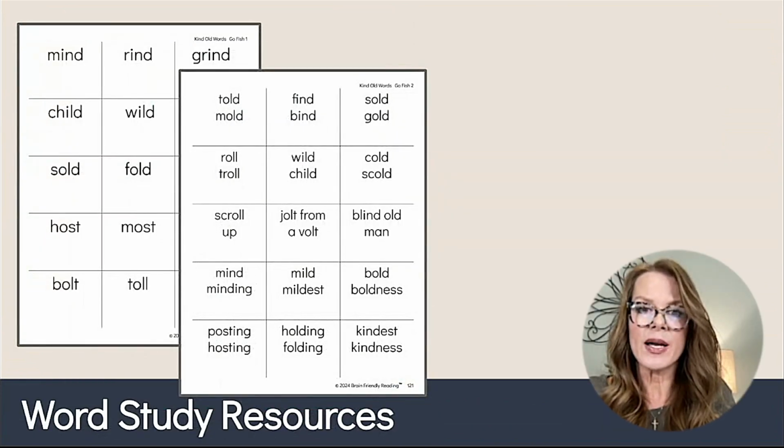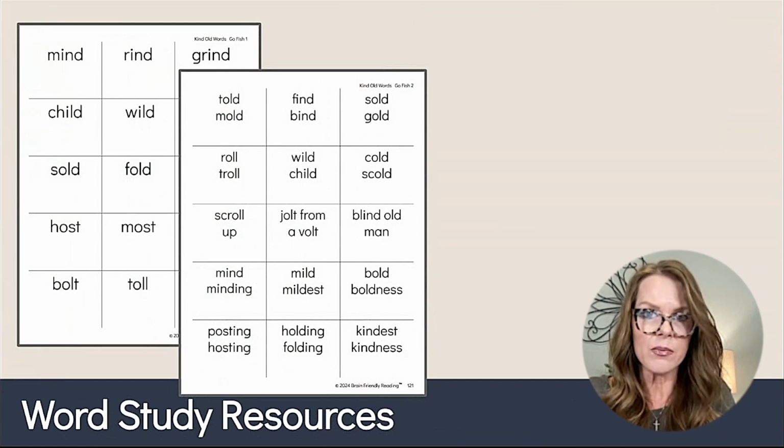There are a variety of resources that you can use for word study and gameplay. In your training companion guide, there are two Go Fish game pages that follow the lesson page. You can have students mark the skill for word study and then play Go Fish after. When selecting which game page to use, remember that Go Fish 1 includes simpler words and Go Fish 2 is a little more advanced.